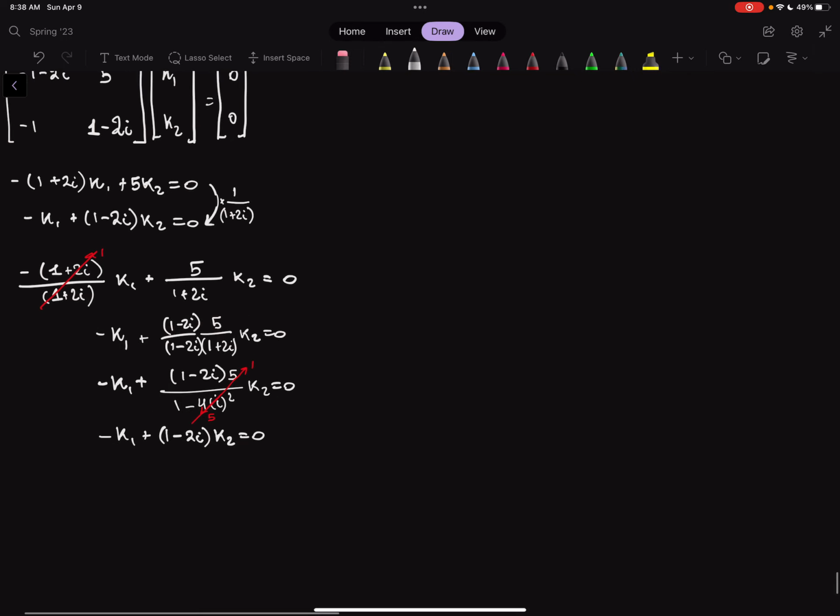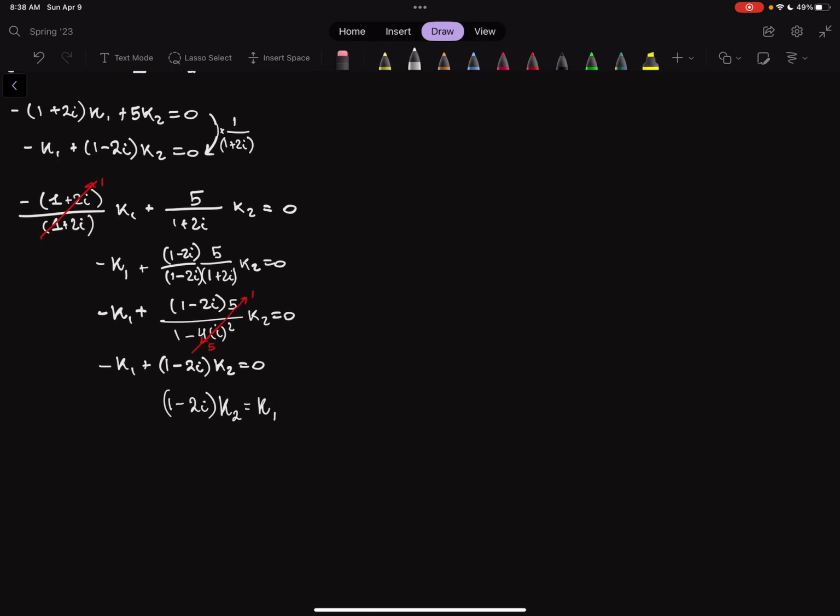Now, we can say that (1 minus 2i) times k2 equals k1. So let's say that k2 is equal to 1, then k1 is equal to 1 minus 2i.